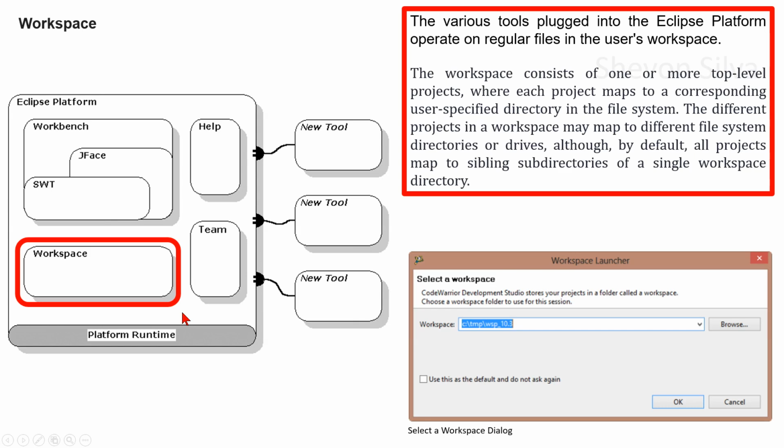The different projects in a workspace may map to different file system directories or drives, although by default all projects map to sibling subdirectories of a single workspace directory. Here you can see the select a workspace dialog.